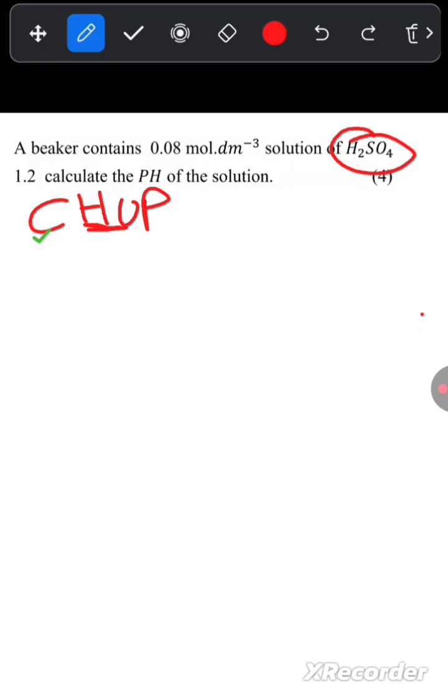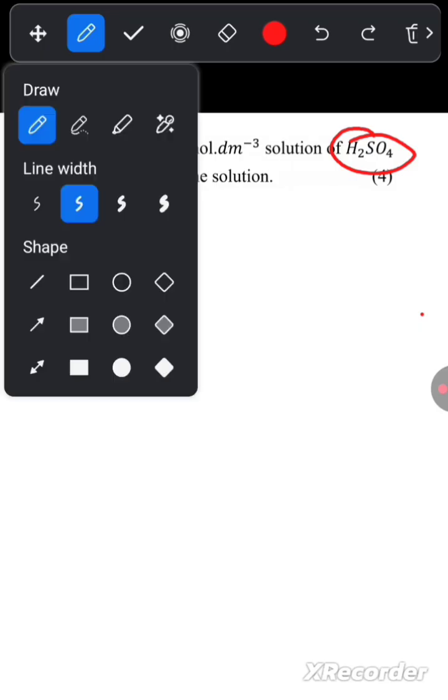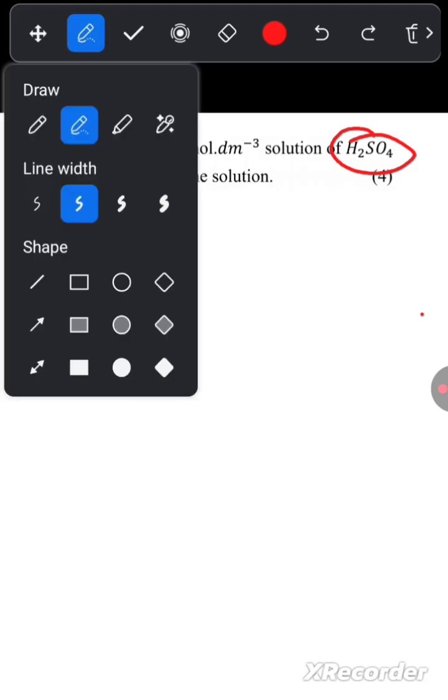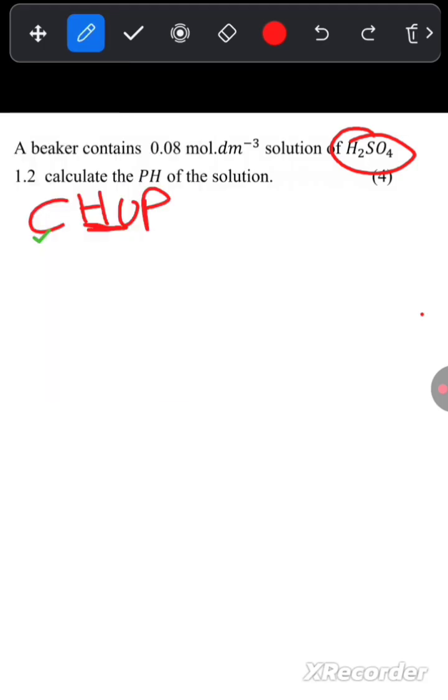So let's do it. I use a ratio to move from concentration of acid to concentration of hydronium ions, you must use a ratio. So I'm going to say H2SO4 is to hydronium ions.